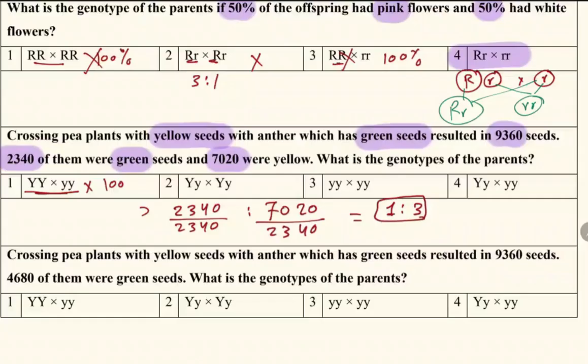So not the correct one. This one, the heterozygous, will give me 3 to 1. If I cross it, Y capital, Y small with Y capital, Y small, it is going to be Y capital, Y capital, Y capital, Y small, Y capital, Y small, Y small, Y small. So 3 to 1. So this is the correct answer.